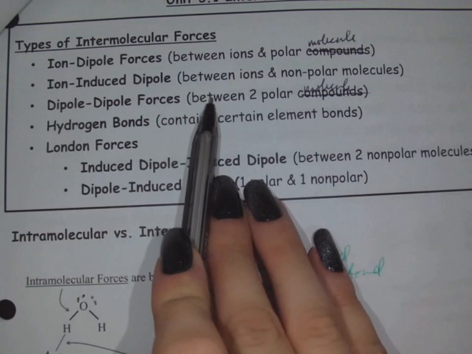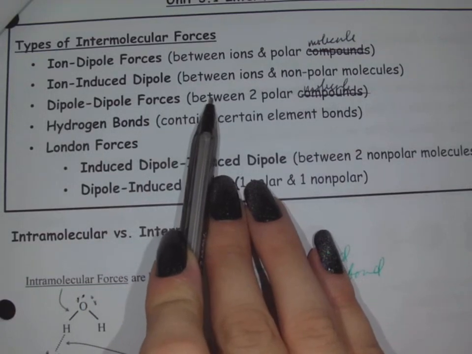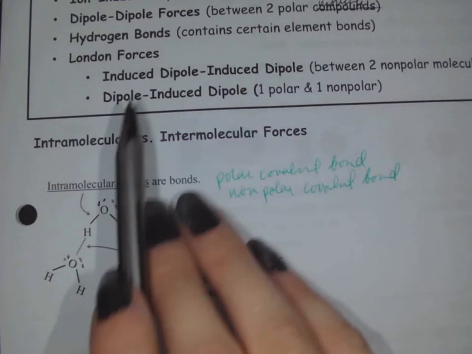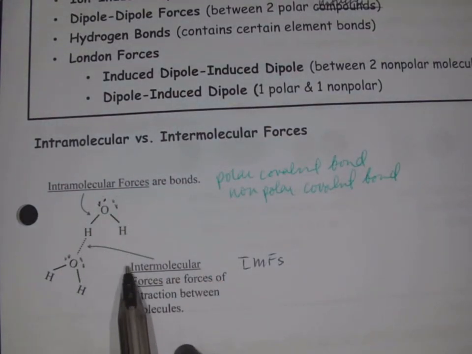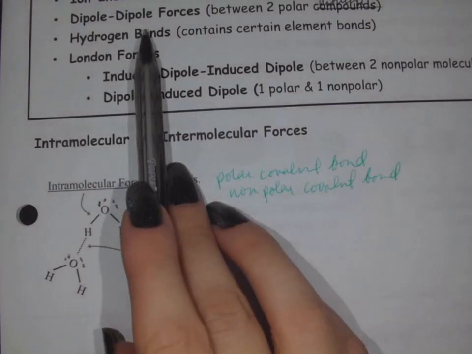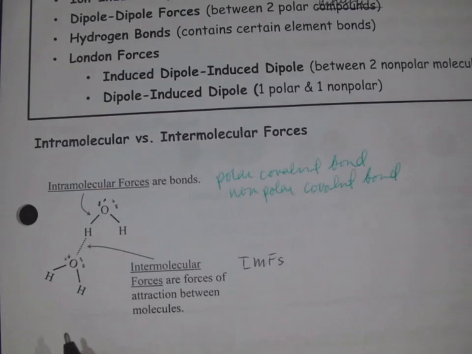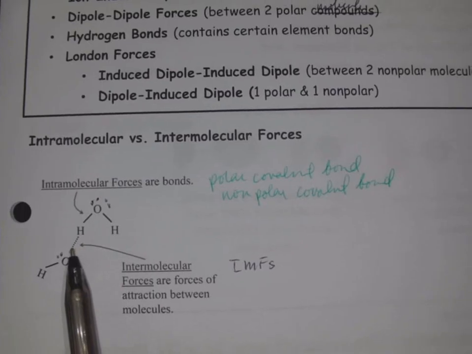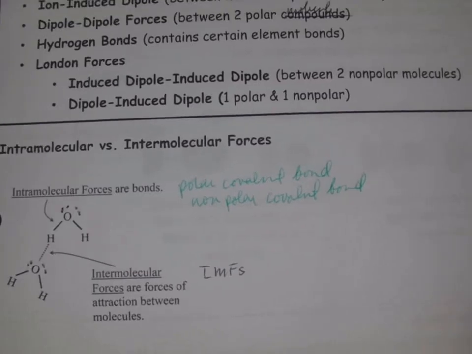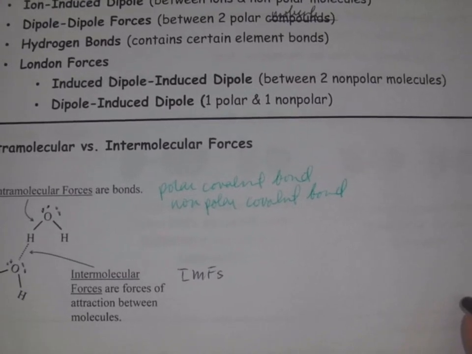If we have two polar molecules, then the force of attraction between those polar molecules, just like the water molecules, these are both polar, and so this IMF that's between them is a dipole force. And hydrogen bonding is a special kind of IMF that I'll go into more detail in a little bit. And then we have London dispersion forces. Okay, this occurs between two non-polar molecules.